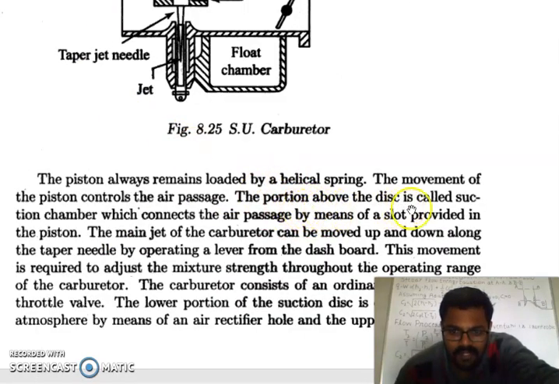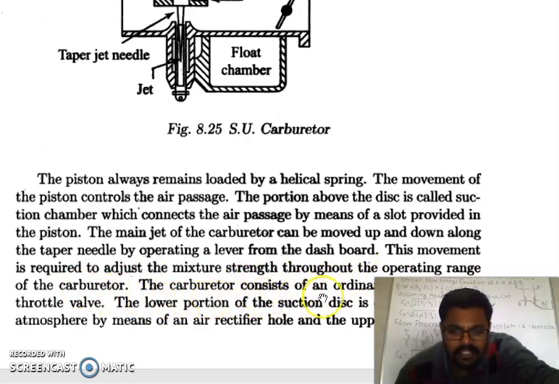The portion above the disc is called suction chamber, which connects to the air passages by means of a slot provided in the piston. The main jet of the carburetor can be moved up and down along the taper needle by operating a lever from the dashboard. This movement is required to adjust the mixture strength throughout the operating range of the carburetor.